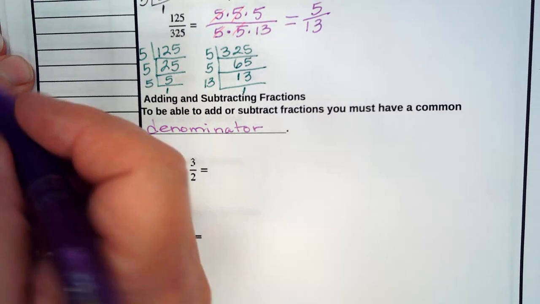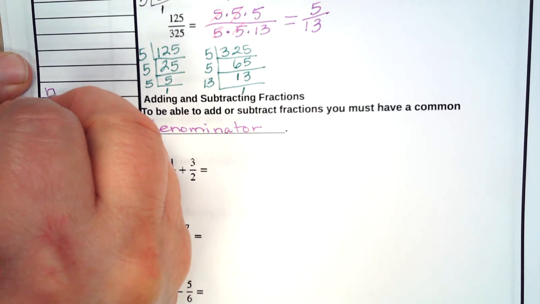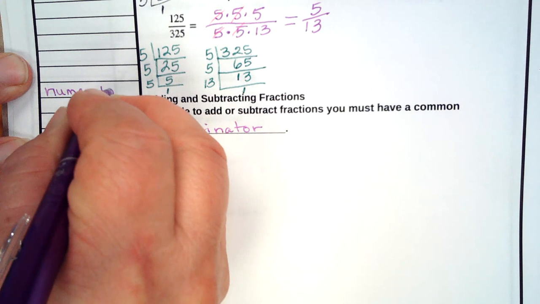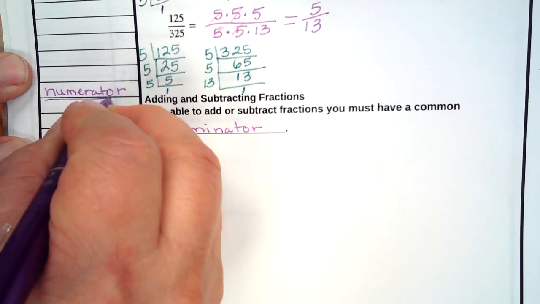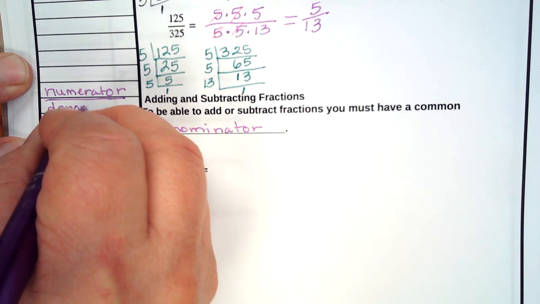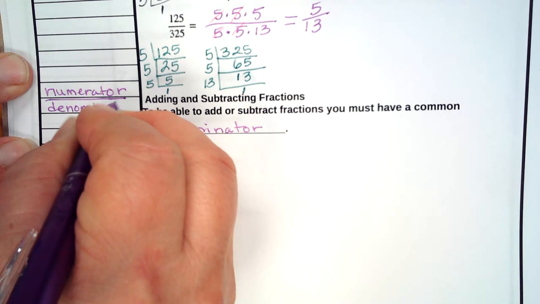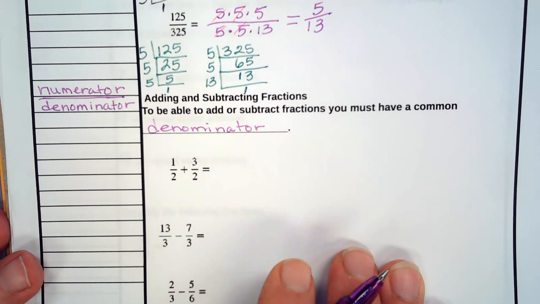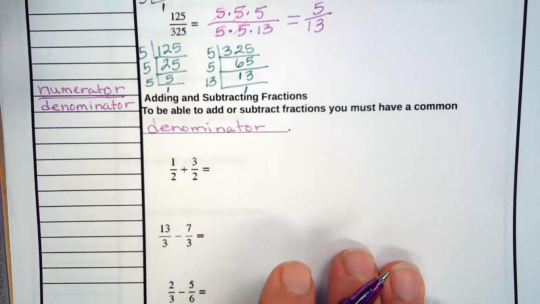So your fractions have a numerator divided by the denominator. The bottom number has to be the same to be able to add or subtract.